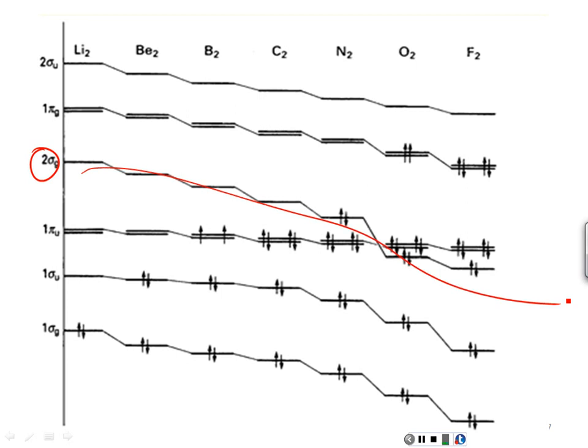Its energy level is really decreasing as you move across the periodic table. So there must be some effect of effective nuclear charge that's making this 2p orbital lower in energy relative to the other molecular orbitals. And then between nitrogen and oxygen is where you get this crossover point.